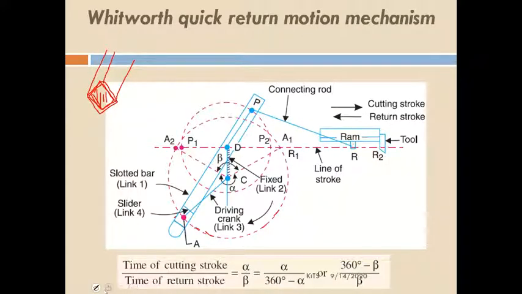Actually, that is an example for the crank and slotted lever quick return mechanism.